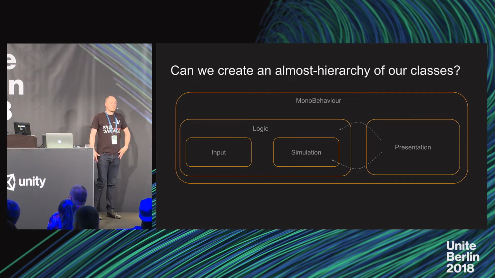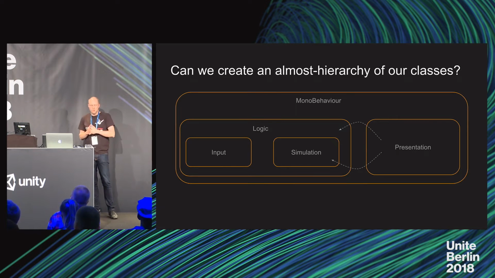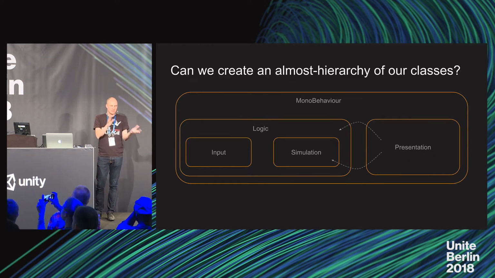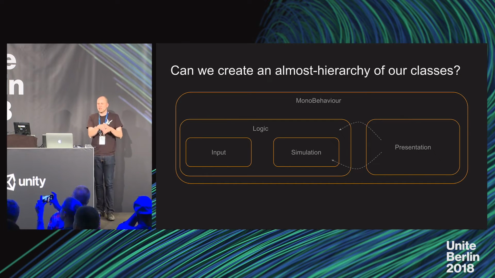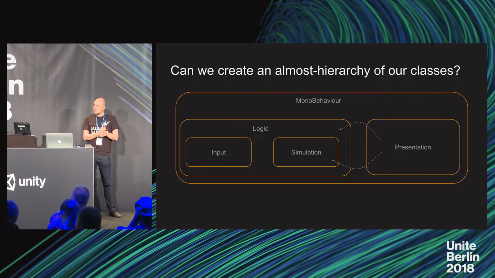One thing, however, is appearing a lot since we happen to be making specific games. If our game is just MonoBehaviours, then we have things that talk with other things, and there is no hierarchy to speak of. But once we start introducing more specific, more fine-grained classes into this, like having a ball logic and ball simulation, perhaps objects that deal specifically with input, then we should be able to construct some sort of hierarchy here.